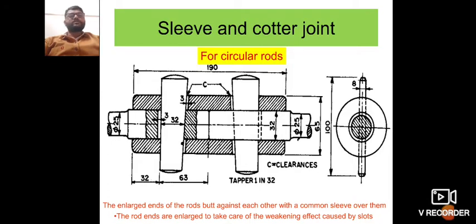The rod ends, two rods at the two ends, are enlarged to take care of the weakening effects caused by slots.